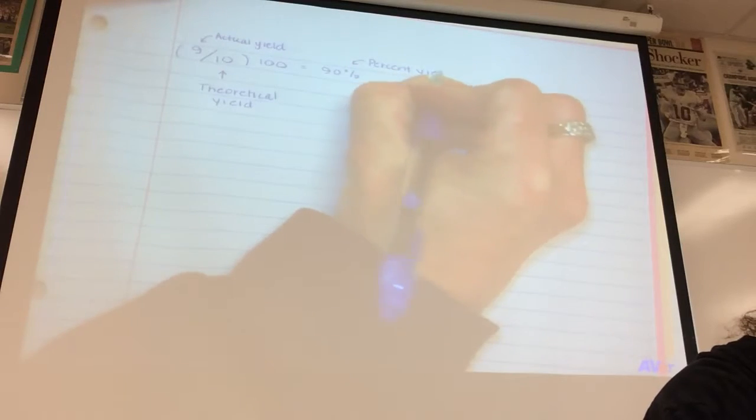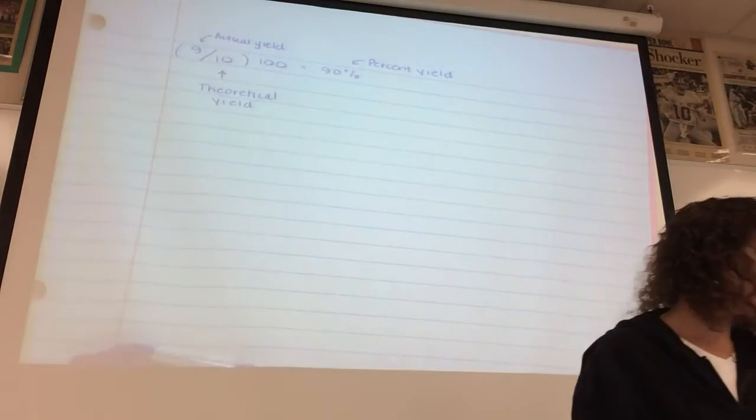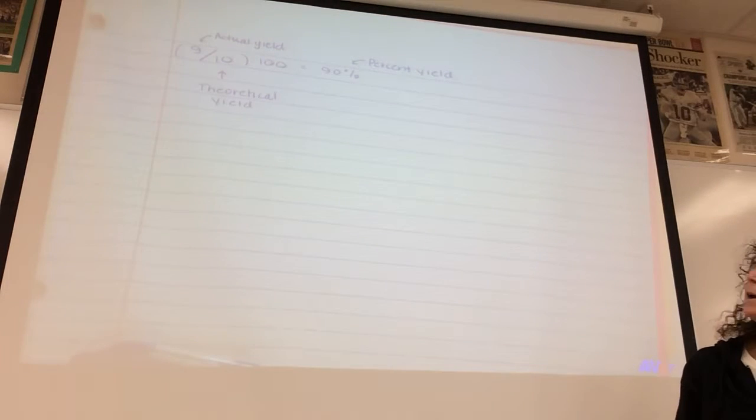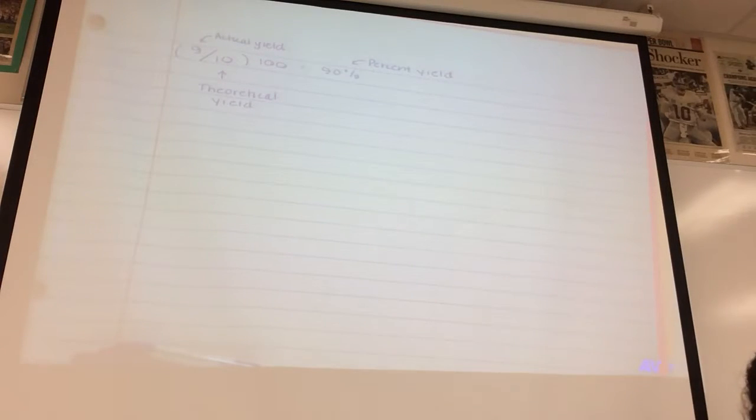In college, that's how you are graded in the laboratory. What percent did you generate in the lab compared to what you could have generated? And that's what we're going to look at today.